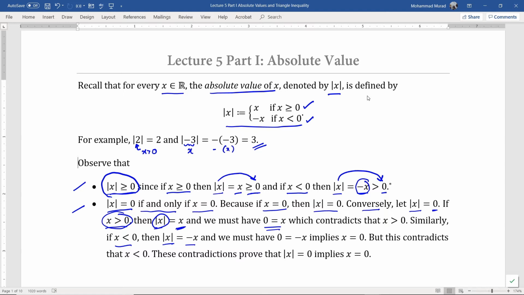And we must have negative x equal to 0 because this quantity is 0. This implies x has to be equal to 0. This also contradicts our assumption that x was negative. So these contradictions prove that absolute value of x equals 0 implies x has to be equal to 0. So no real number other than 0 has the absolute value 0.